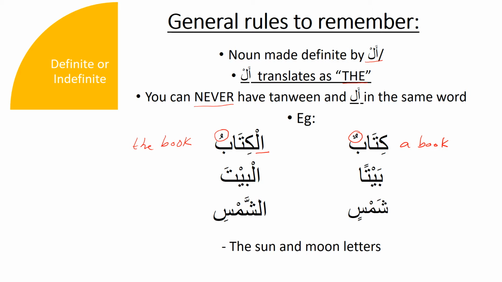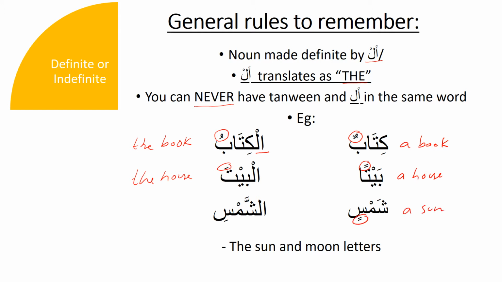Same thing over here. Kitabun and al-kitabu, they are in the marfu state, dhamma dhamma. Baytan is in the mansub, a house. Al-bayta, the house. So that's if you put an alif lam on it. Shamsin, it means a sun.